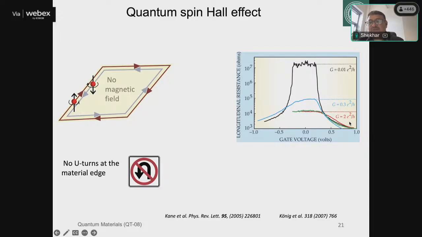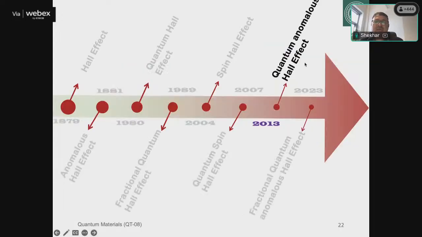That quantization is multiplied by 2e square by h, because the two spins are going up and down. In one channel the spin up is going in one direction, and in the other channel the spin down is going in the other. Due to the two spins, we have 2e square by h.